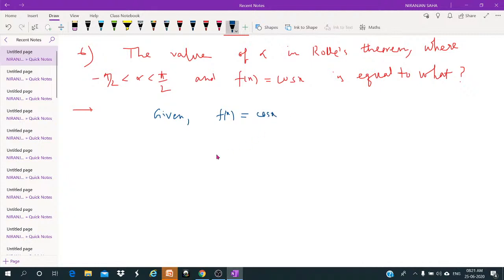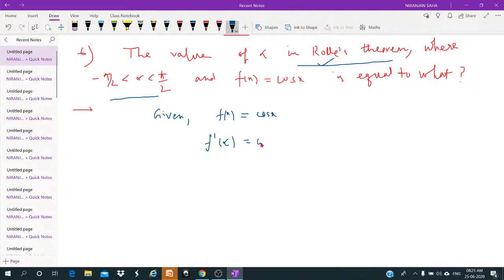Now we do not have to test whether Rolle's theorem is applicable here or not. We just have to apply Rolle's theorem. So we have to find some value from minus pi by 2 to pi by 2 for which the first derivative of f at the point alpha is equal to 0.